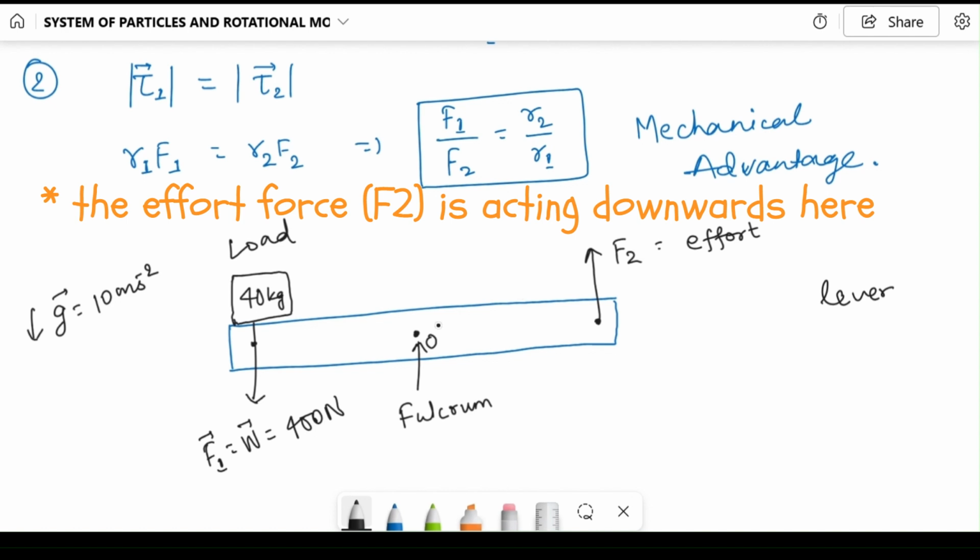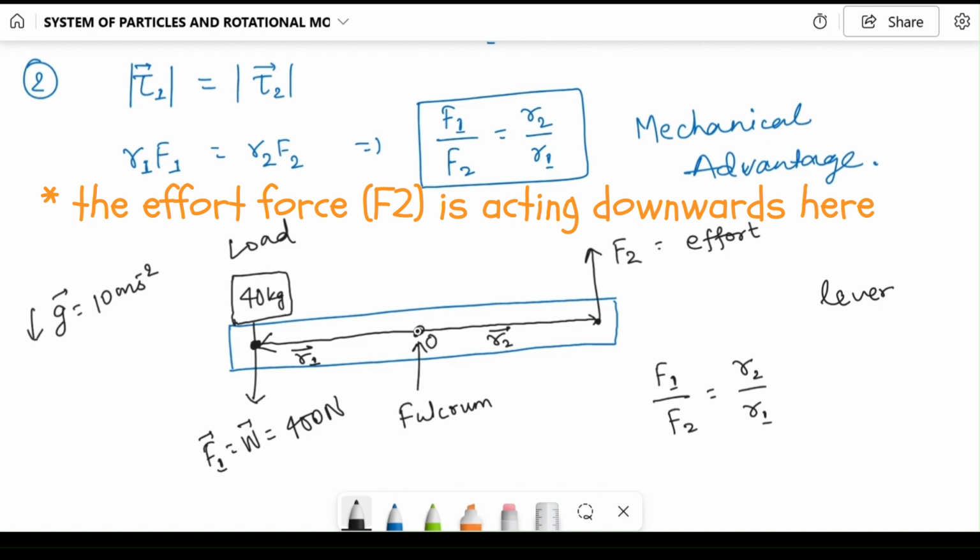One more thing: the position vectors of the point where the effort is being applied and where the load is pushing down. Let's say this is position vector R1 and this is R2. So we have this equation: F1 by F2 equals R2 by R1.